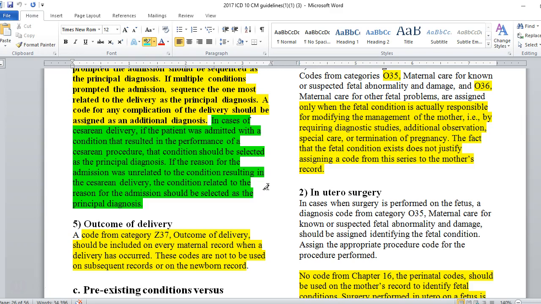So again, why did mom need a cesarean section? Whether it is a traumatic accident, such as a car accident, or because mom's blood pressure was too high and they had to do an emergency C-section. What was the reason why they did the cesarean section?